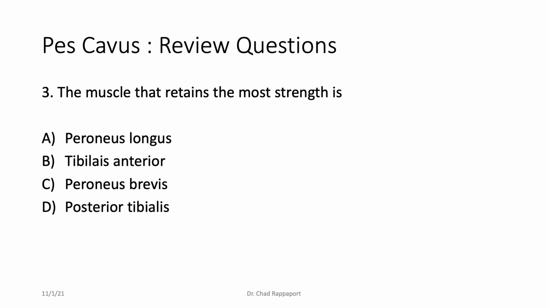According to the literature we just covered, the muscle that retains the most strength is, this is an easy one, the posterior tibialis.